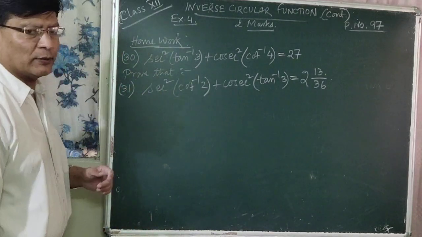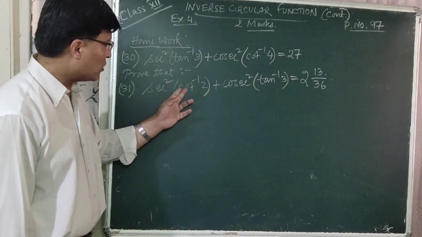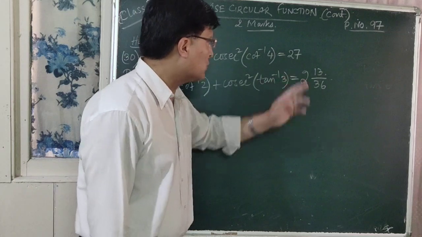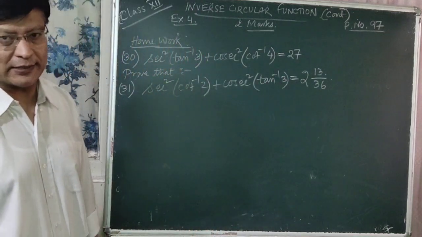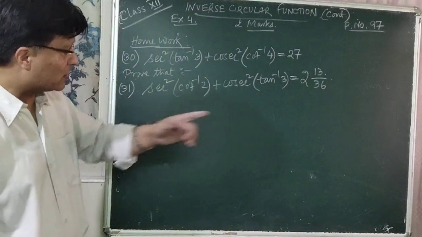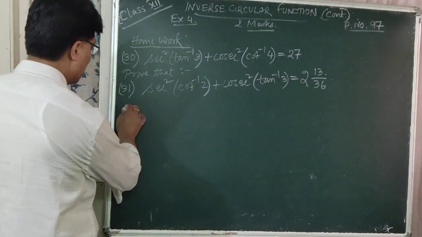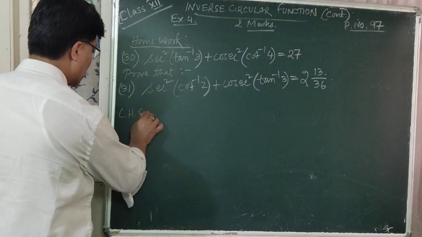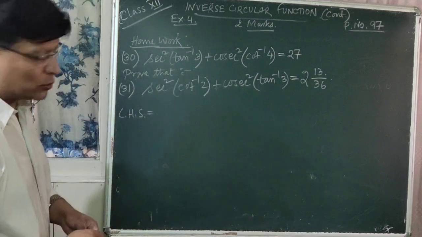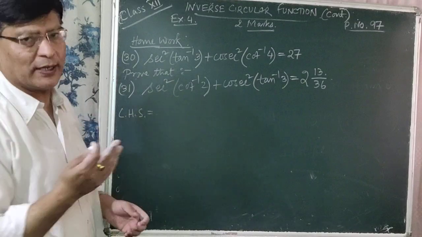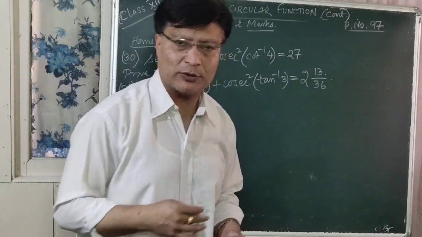So in 31, you have to prove that sec square cot inverse 2 plus cosec square tan inverse 3 is equal to 2 13 by 36. That is your mixed fraction, right? So let us prove it. Let us write down left hand side is equal to. So if you have sec square theta, you can write sec theta whole square, isn't it?